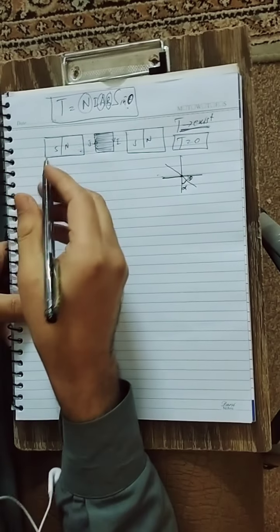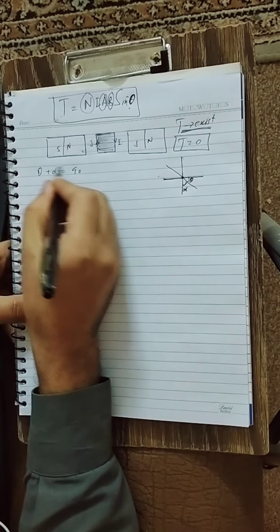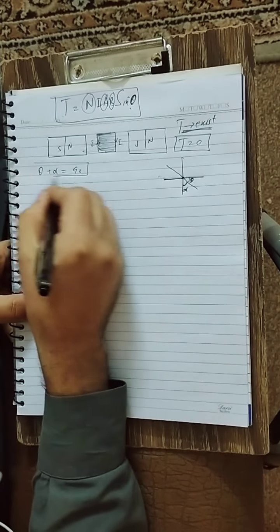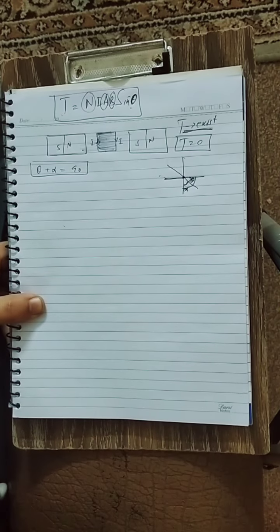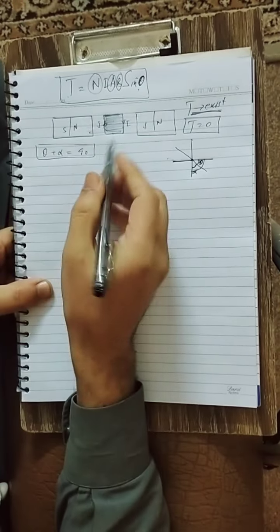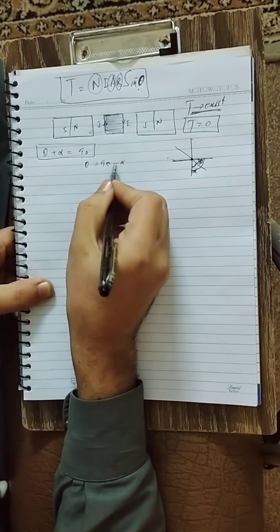If we add theta and alpha, we get 90 degrees. Now shifting alpha to the other side, theta is equal to 90 minus alpha.